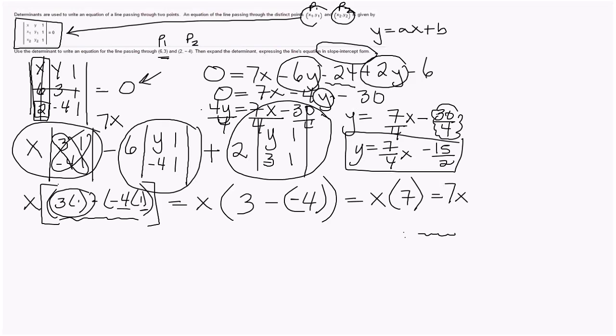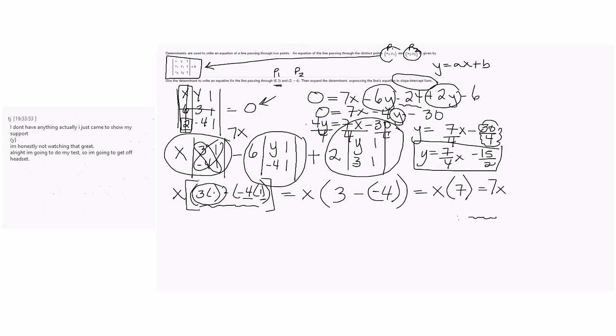No, I agree. It's not the greatest application question because this would be much more difficult than just using change in y over change in x and finding your slope and then going from there. I totally agree. But it just goes to show that you can use it, and the way that you did that, using the question help to follow a question, is a great method when it comes to these types of questions.